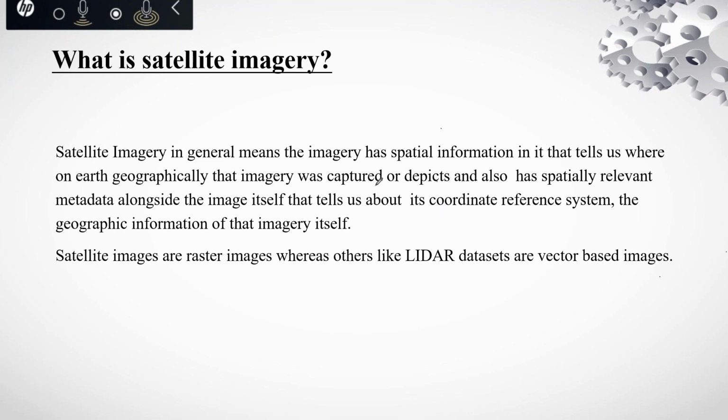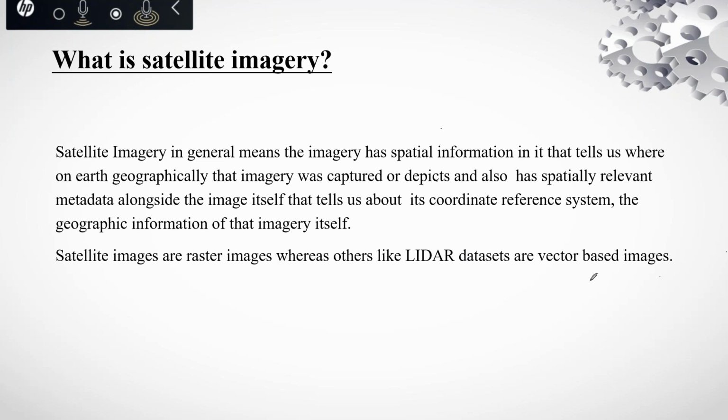It also has a coordinate reference system, which means it has where the location is situated. For example, it can have coordinates of how far it is to the north or how far to the west or east. These are raster images, which means they contain pixelated images, and each pixel in a box has some relevant information in it.